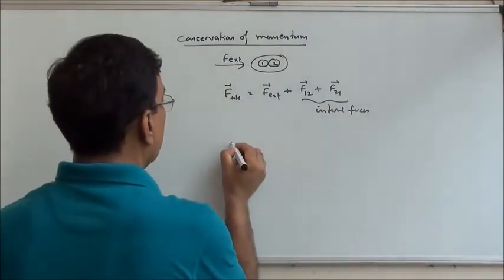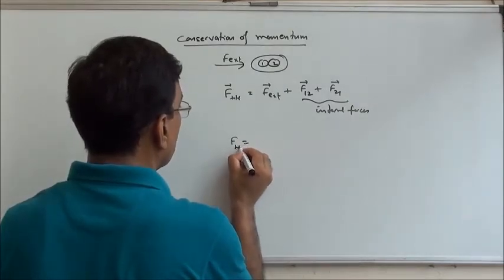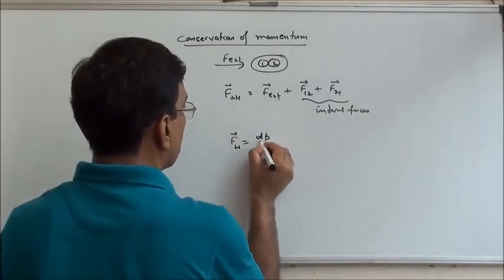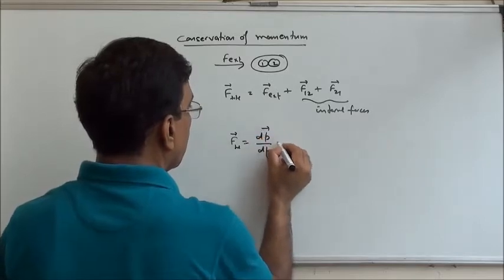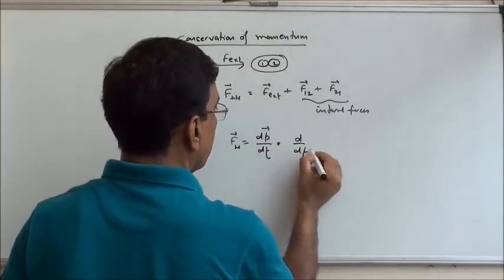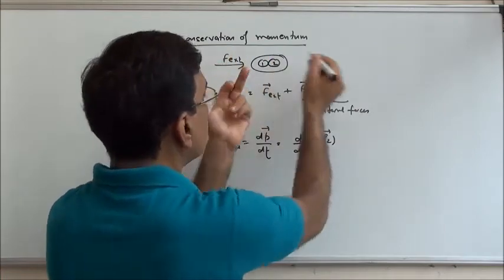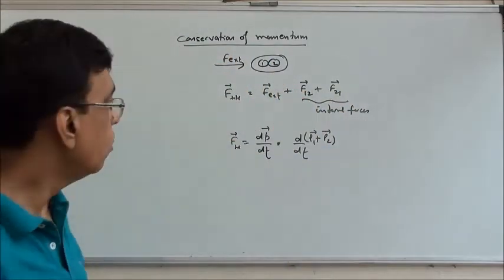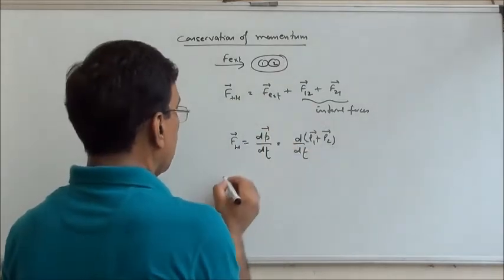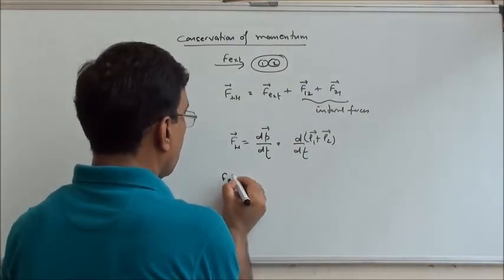So how can I write Newton's law? F is dP by dt, and this also becomes d by dt of P1 plus P2, because there are 2 particles, so the momentum of both. This can be written as F external.